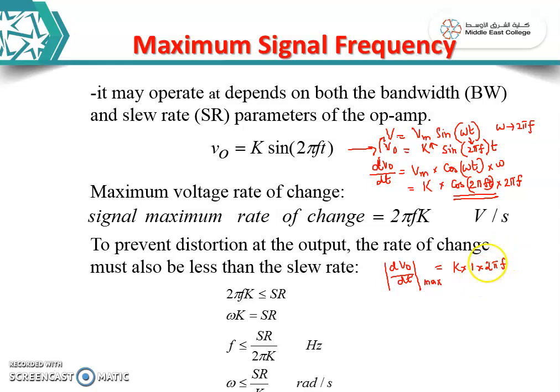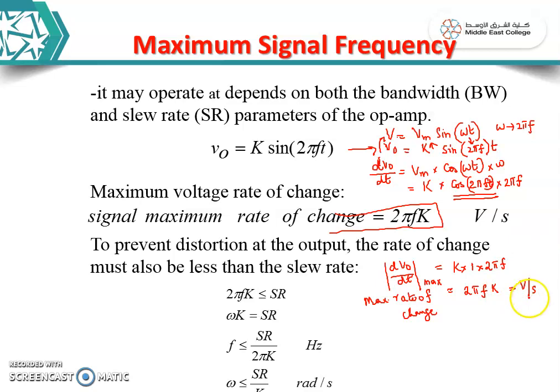So the maximum rate of change of the signal is given by 2 pi f K, which is the maximum rate of change. This is what is given here. See here. And the unit of this is, since it's dV by dt, volt per second.